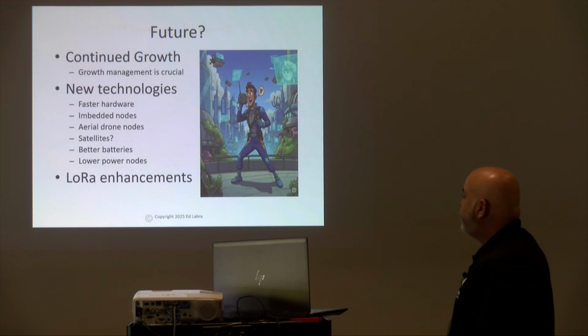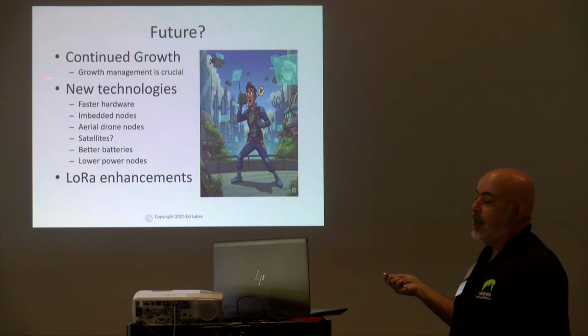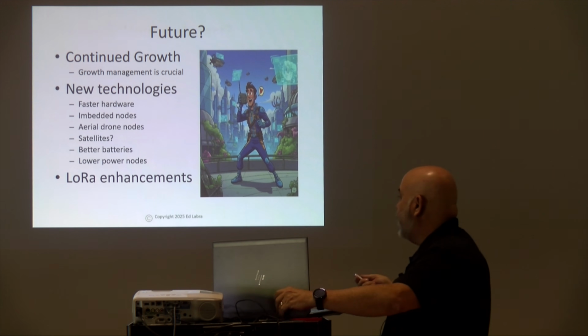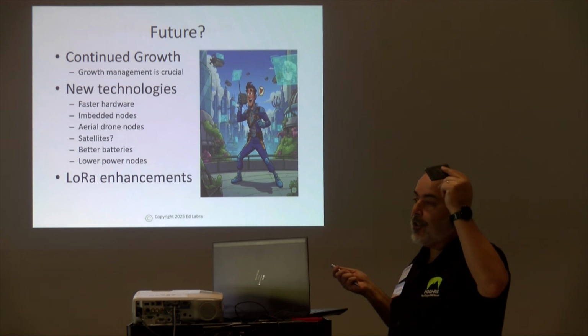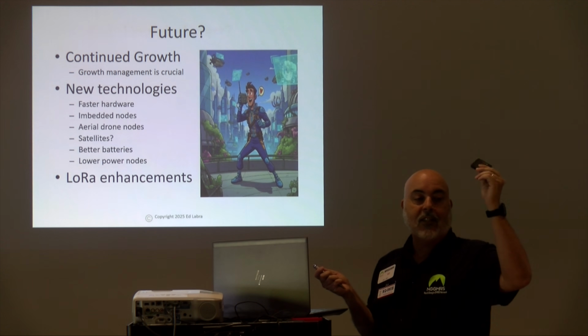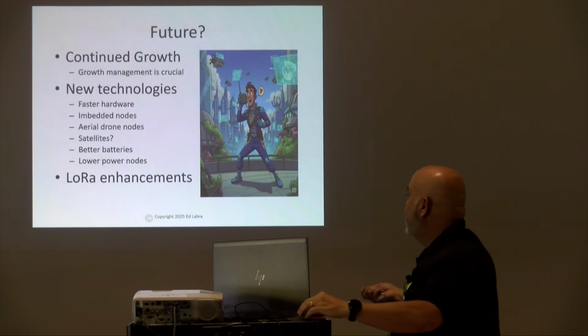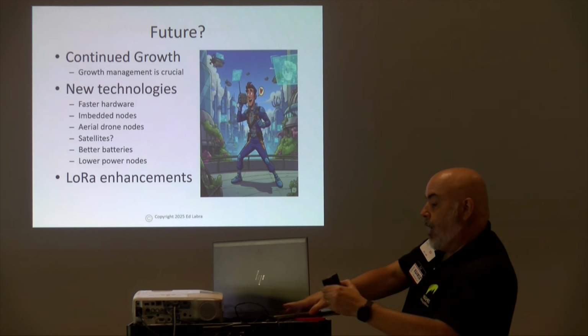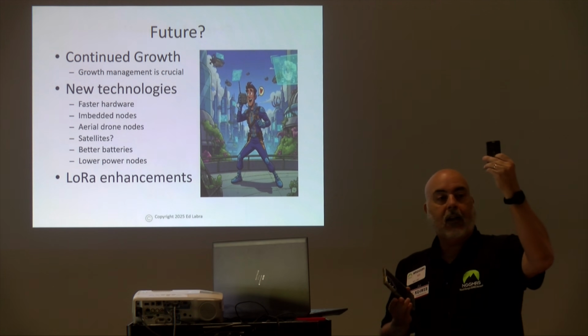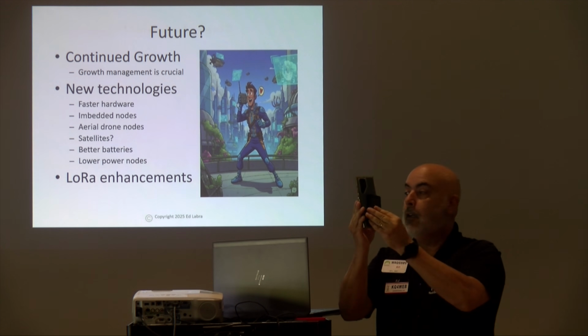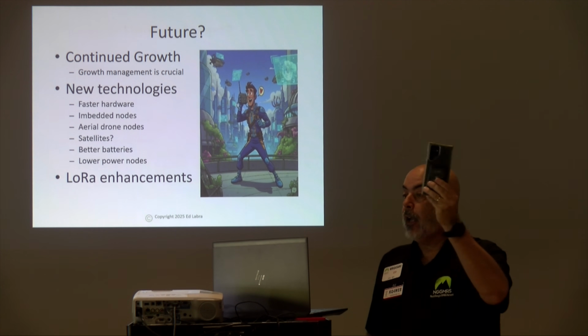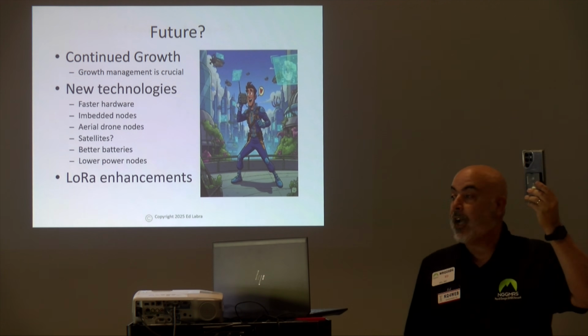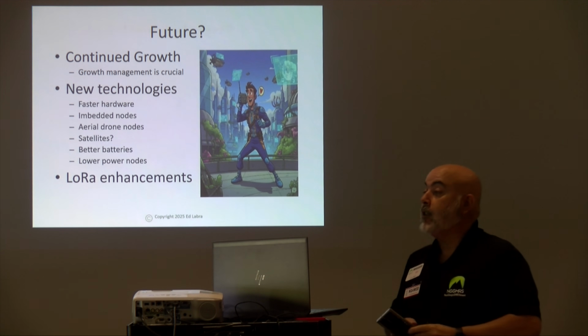New technologies. It is hardware. Next year, there's going to be one that's half this size and twice as strong as this. Embedded nodes. Why can't I have a Meshtastic node be part of my cell phone, a cell phone that also does Meshtastic? There's no reason.